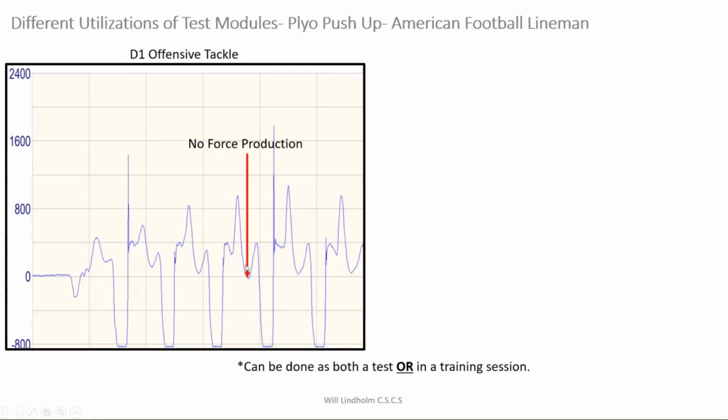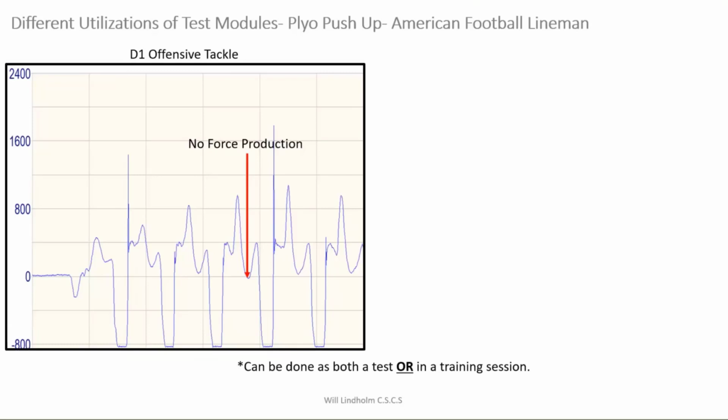By the 4th push-up, there's a moment in there where there's no drive to continue producing force. So by the 4th or 5th rep, he's actually getting weaker and is more susceptible to letting defensive linemen or whoever come in and beat him. Now, the next guy we're going to look at is a top 15 recruit.